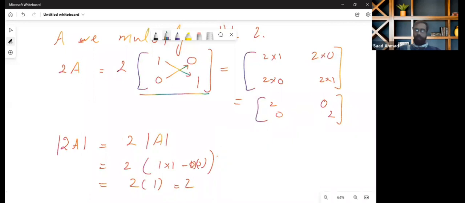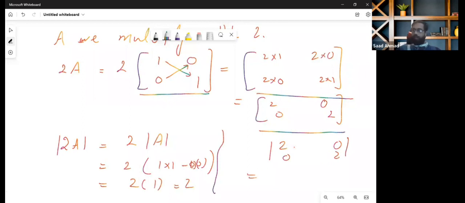Now let's redo the determinant of this 2A. That will be 2 times, oh wait. It should be the same.